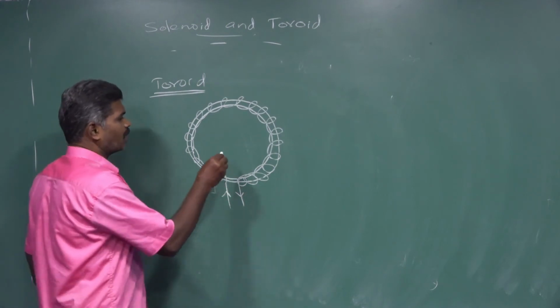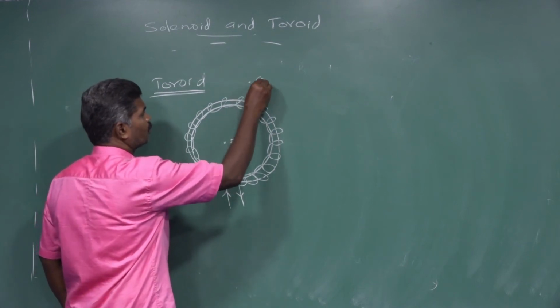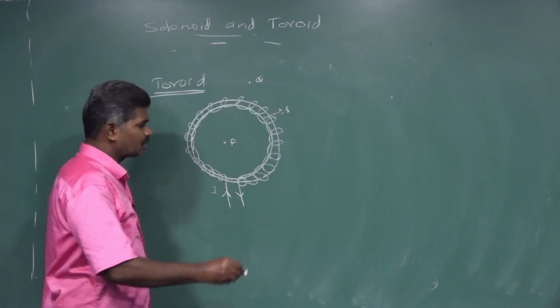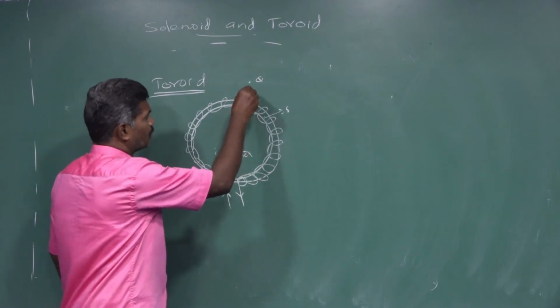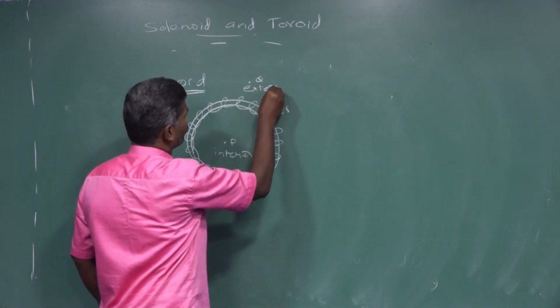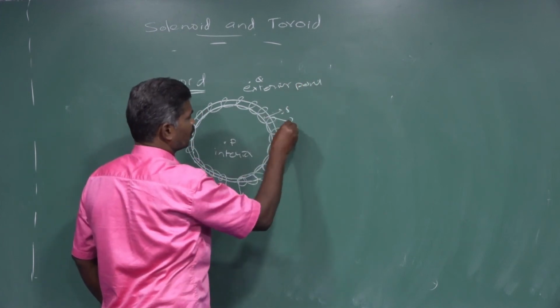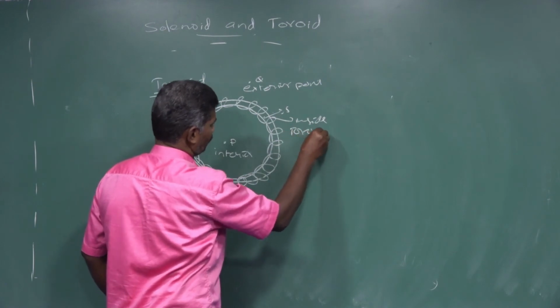So that's why we have taken point P here, point Q here, and point S here. One is an interior point, and one is an exterior point. It is inside the toroid.